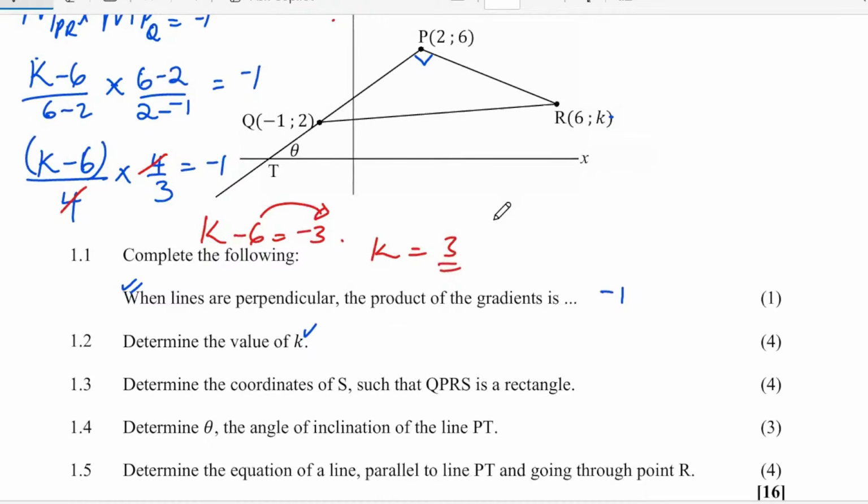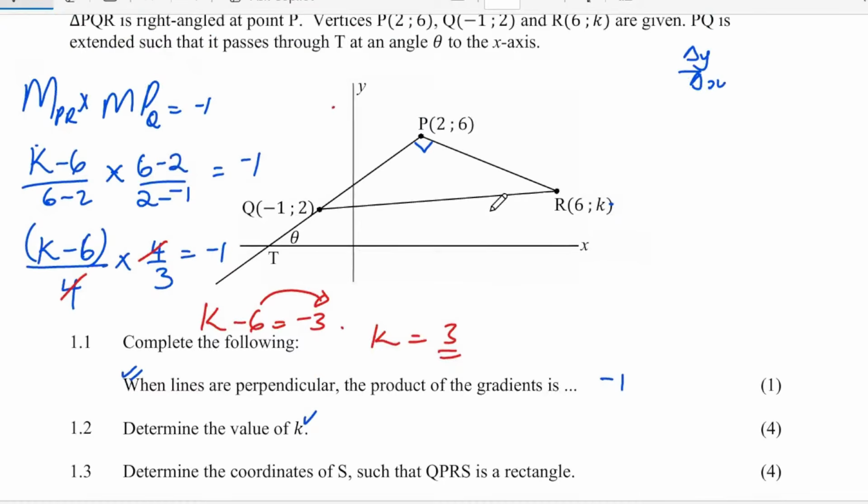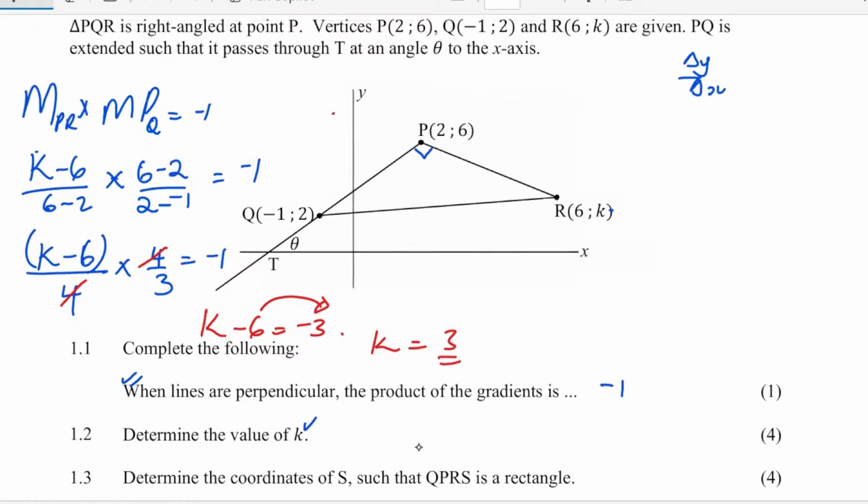So that's what I'm getting for the value of K. All right, and then 1.3, they want us to get the coordinates of S such that PQRS is a rectangle. Now, if PQRS is a rectangle, one thing we need to remember is that the diagonals bisect each other.